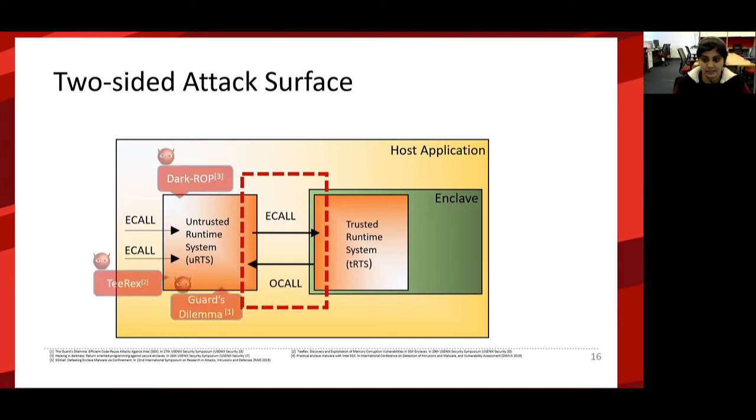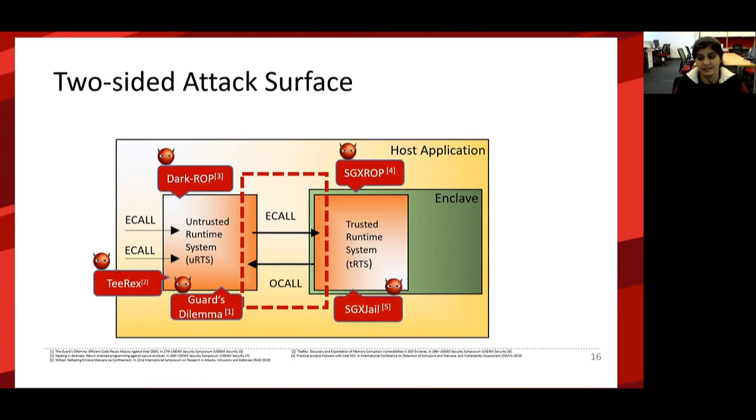We display the attacks here that strengthen the idea that interface specialization for trusted execution environments like SGX is critical and a relevant problem. There are attacks like DarkROP, T-Rex, and Guard's Dilemma, the one we discussed, where they consider the host application as malicious, vulnerable, or untrusted, while there are others, SGX ROP and SGX Jail on the right side, where the enclave itself is the malicious one.